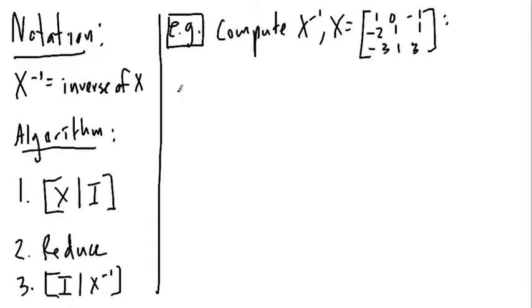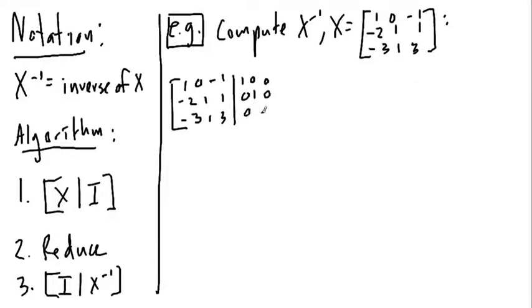So the first step we do is just write the augmented matrix 1, 0, -1, -2, 1, 1, -3, 1, 3, and over here we write the 3 by 3 identity matrix.